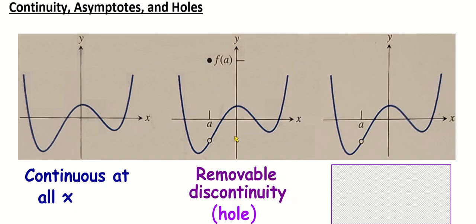This one is not continuous everywhere. It's not continuous at x equals a. So there's what we call a removable discontinuity at x equals a. We might get into more of what that means about it being removable later, but for right now, we're just getting the basics down.